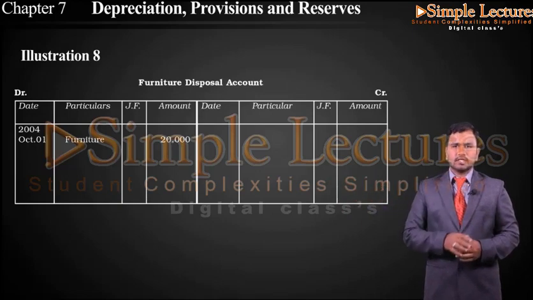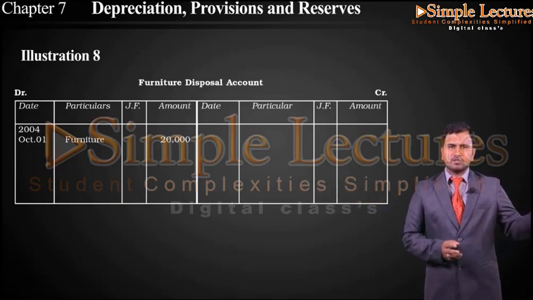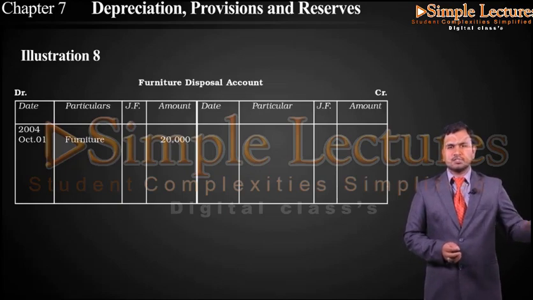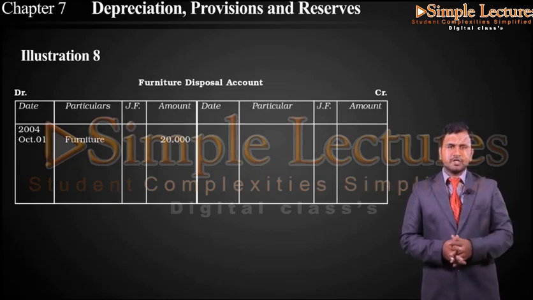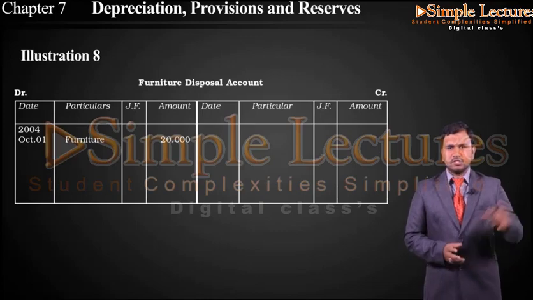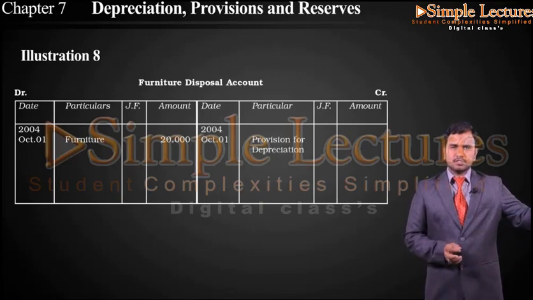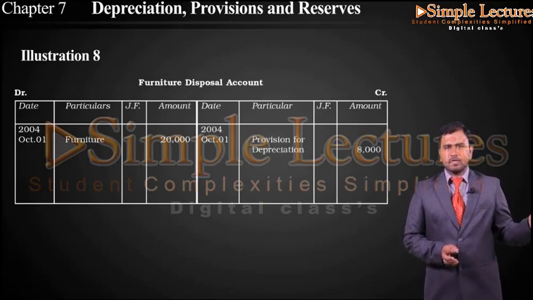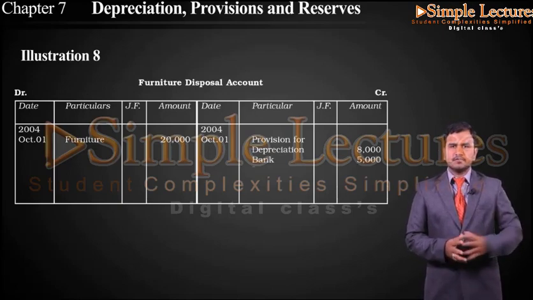Then in the opposite side, we are going to show on what cost we have considered for depreciation, what is the sale price, and what is the loss. So coming to credit side, first we are going to show the depreciation, where provision for depreciation 8,000, then we will be having sale price, bank where we have sold for 5,000, and the difference will be loss.